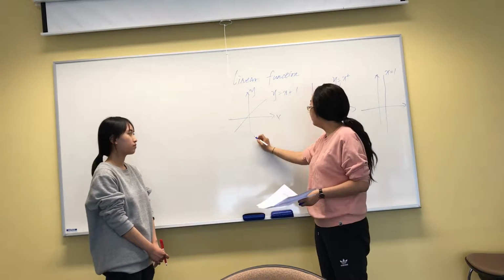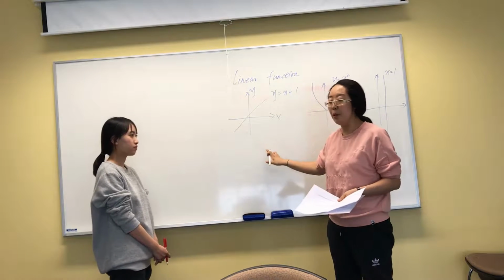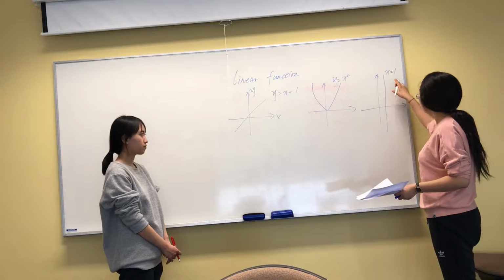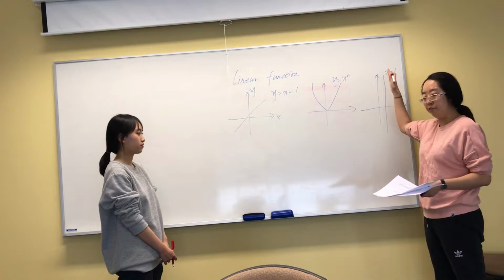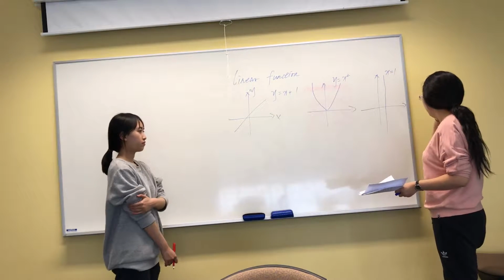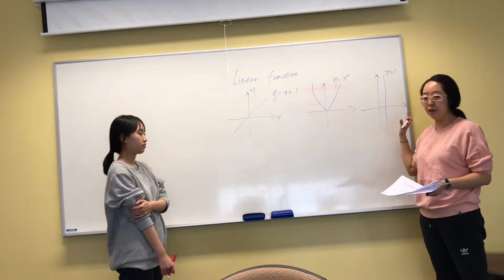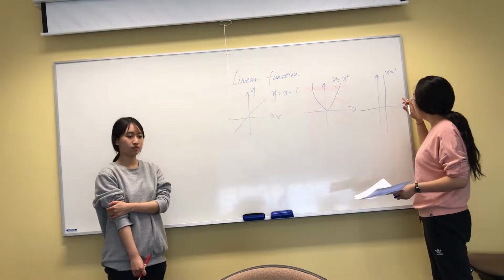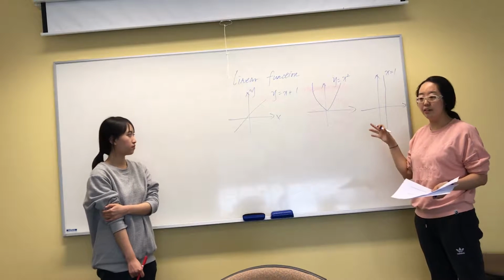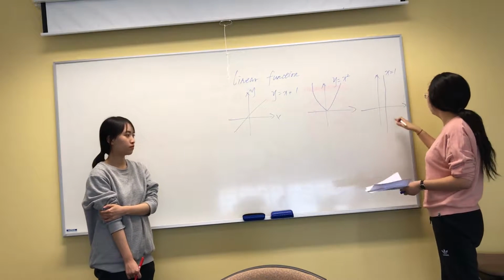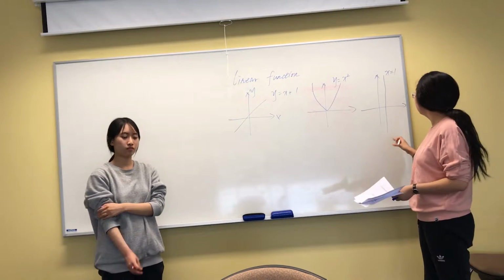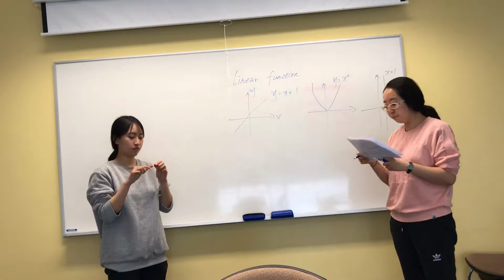Yes, this one is indeed a linear function, but this one is not, because although it's a perfectly straight line, it doesn't have a gradient. In this function, the gradient is undefined. So this is not a linear function, and it's not even a function.